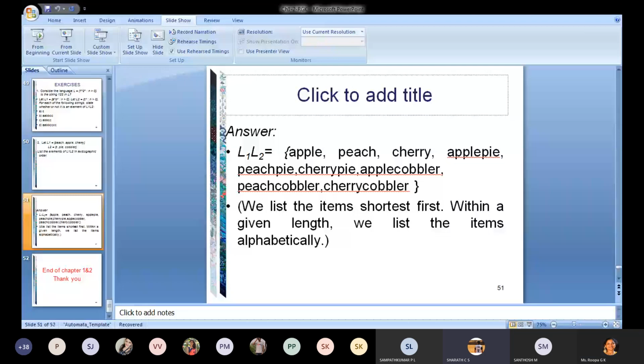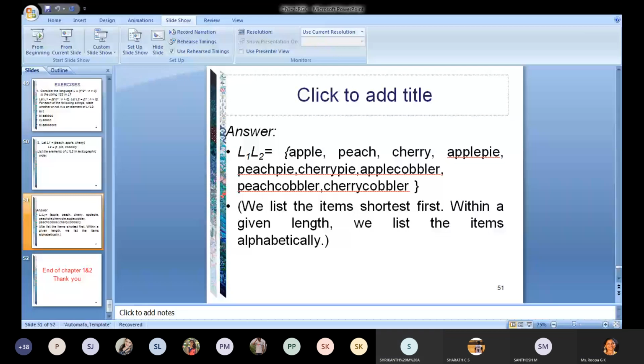Shivani, present, ma'am. Shravan, present. Shreya, present, ma'am.